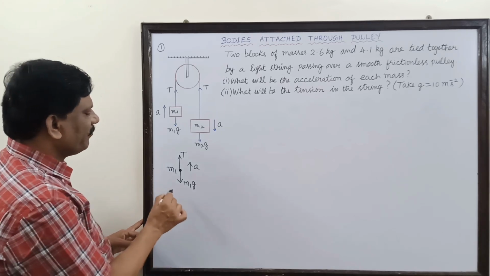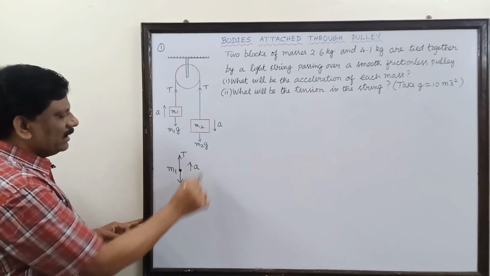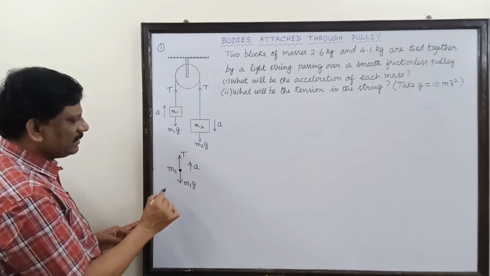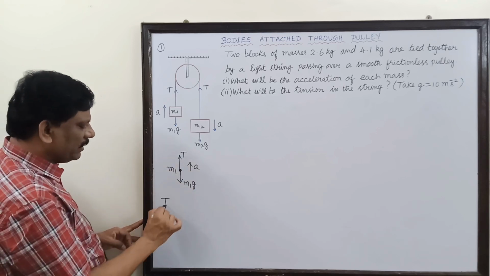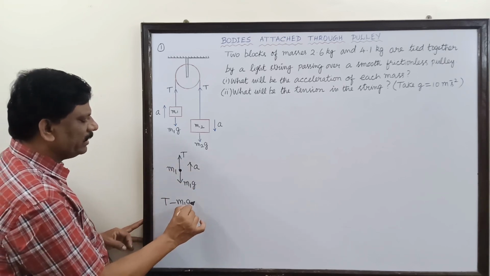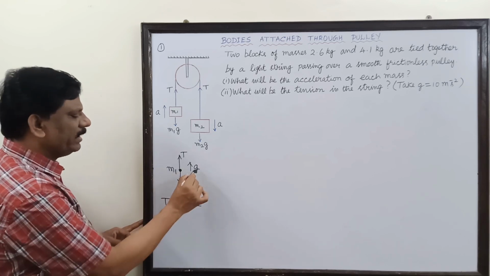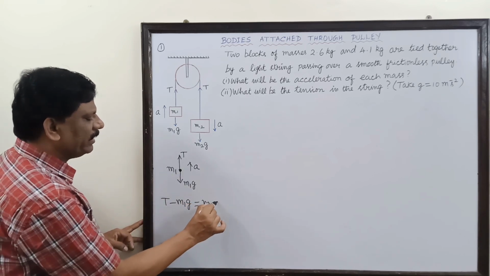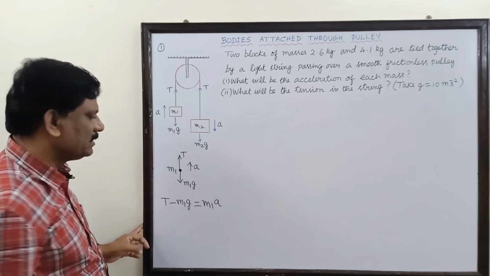So for this, if I write the equation of forces, T is acting upward. So T minus M1g is equal to M1 into a upwards.